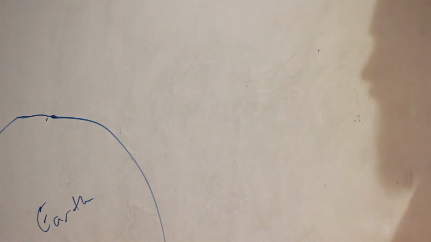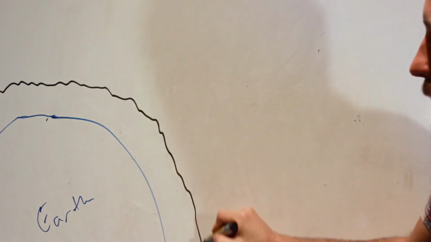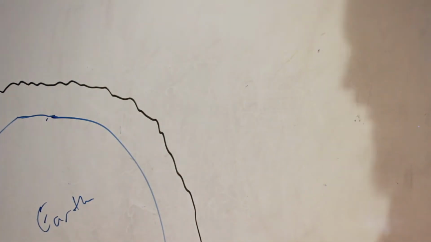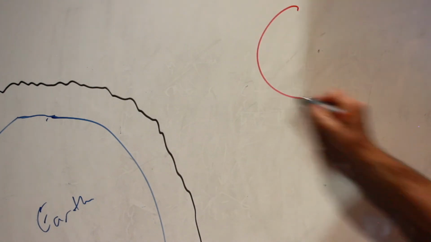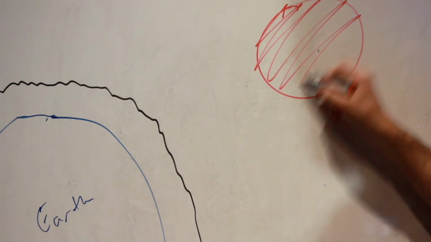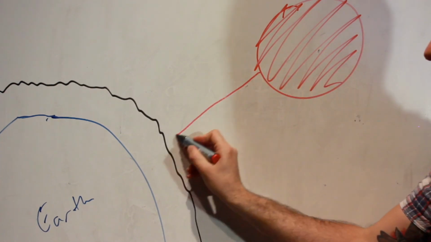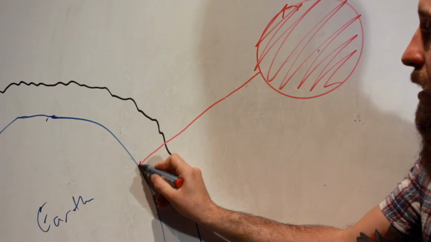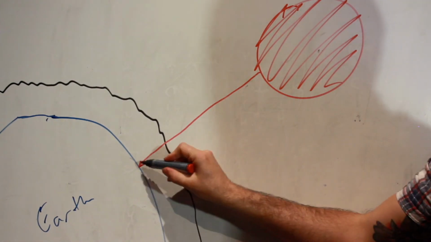The Earth has an atmosphere full of gases around it like that. Up here, this happy little chappy is the sun. The sun gives off infrared radiation that radiates through space down to Earth. Some of the infrared radiation is absorbed by the Earth, but some of it is reflected off.